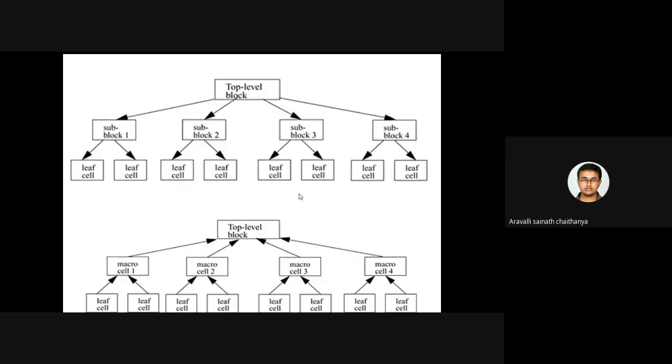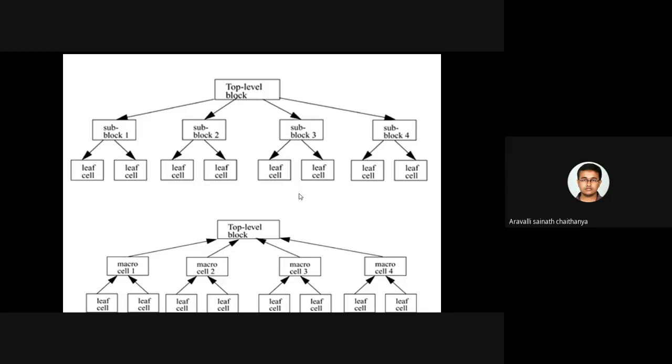So in the top-down design methodology, what is happening? We are defining the top-level block here. After defining it, this top-level block has many sub-blocks inside it, right? Many sub-blocks are necessary to build the top-level block.